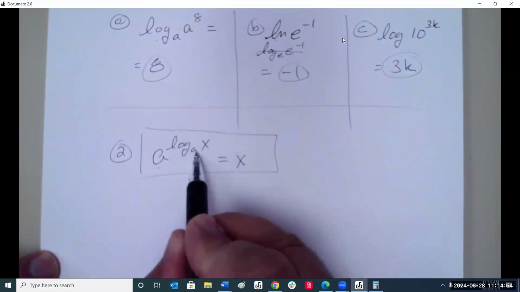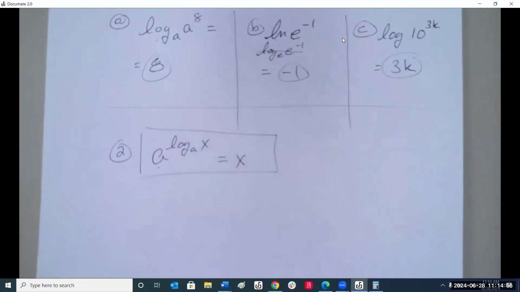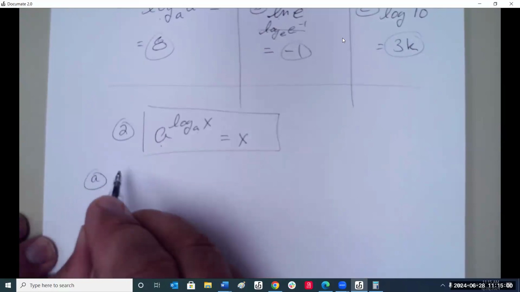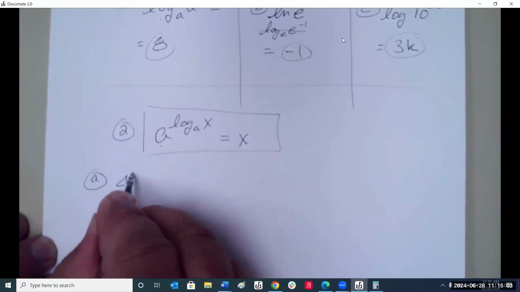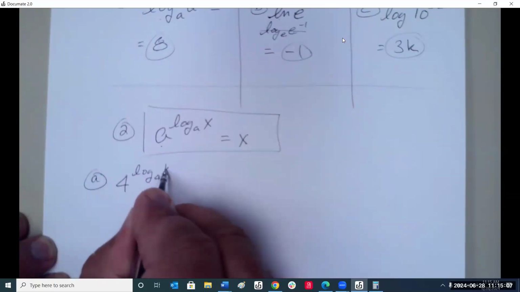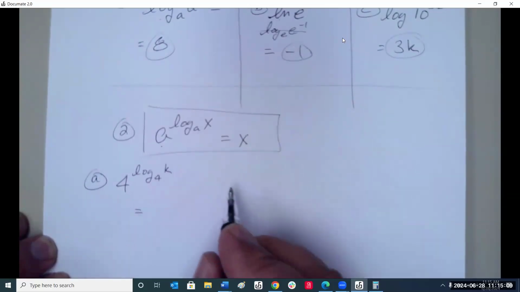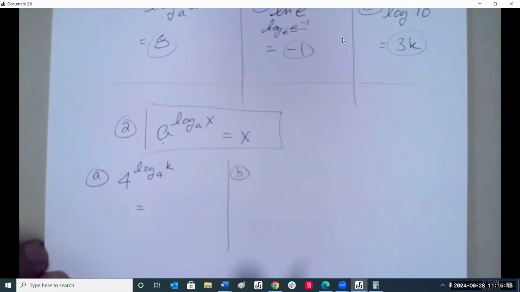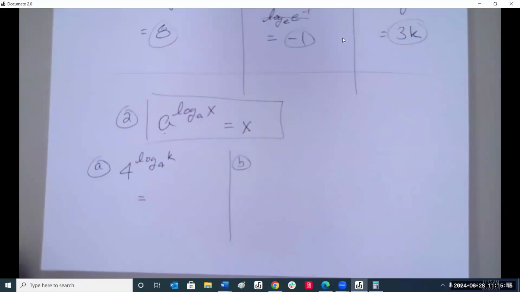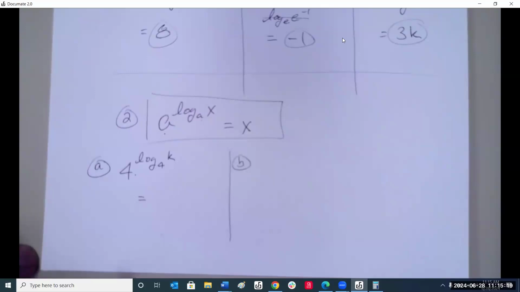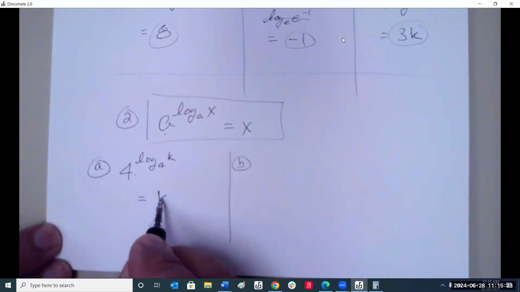Since the bases are the same, the answer is just X. 4 to the power log base 4 of K. So what is that? Okay.